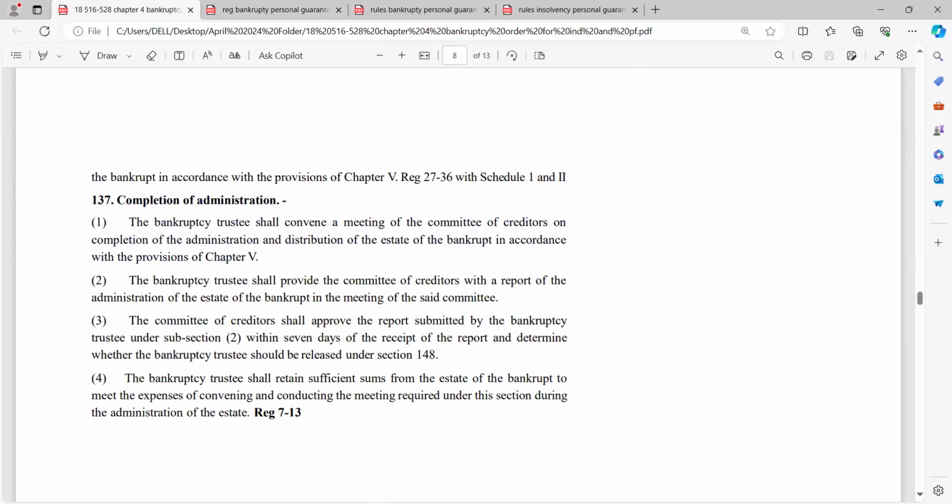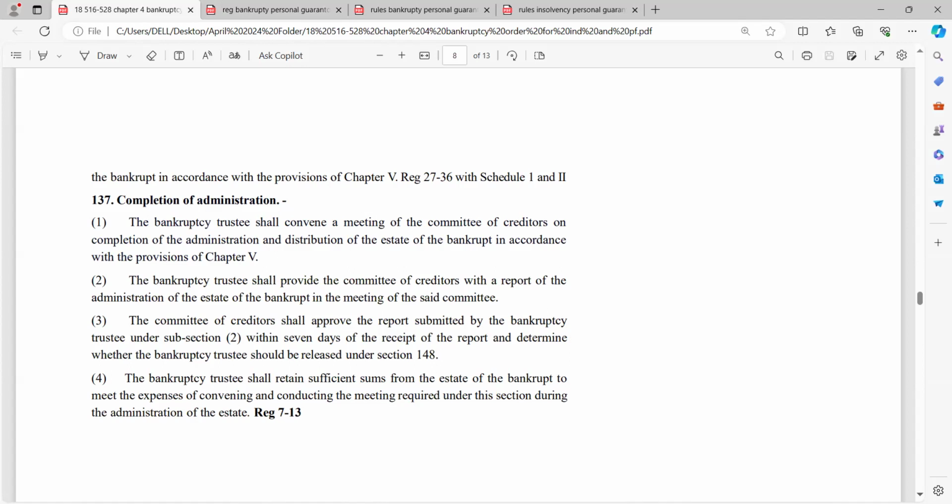Completion of administration. The bankruptcy trustee shall convene a meeting of the committee of creditors on completion of the administration and distribution of the estate of the bankrupt in accordance with the provisions of chapter 5. The bankruptcy trustee shall provide the committee of creditors with a report of the administration of the estate of the bankrupt in the meeting of the said committee. The committee of creditors shall approve the report submitted by the bankruptcy trustee under subsection 2 within 7 days of the receipt of the report and determine whether the bankruptcy trustee should be released under section 148.